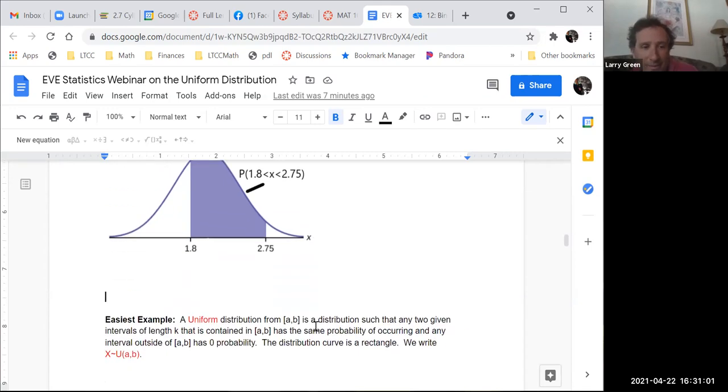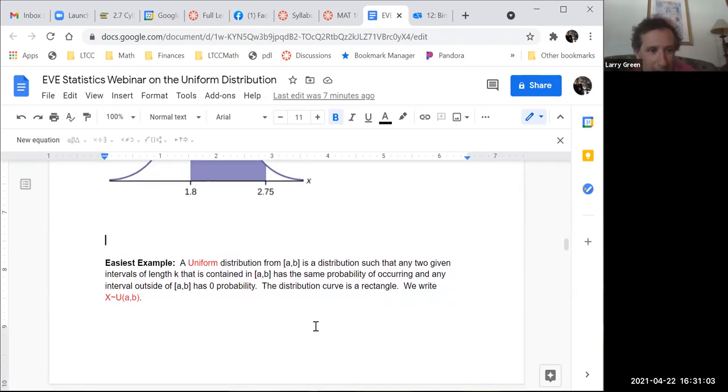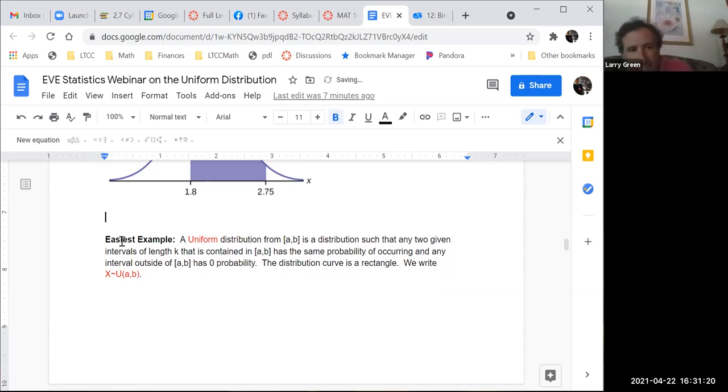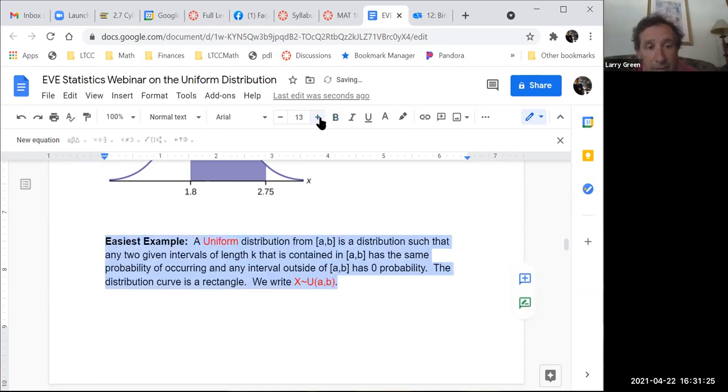Because of that, we have what I call the easiest example. So now let me give you the definition. And we say that we have a uniform distribution. Let me make this a little bigger. Since it's kind of the whole point of today.